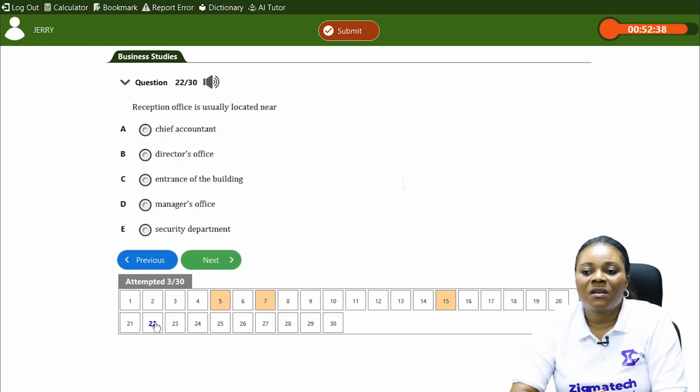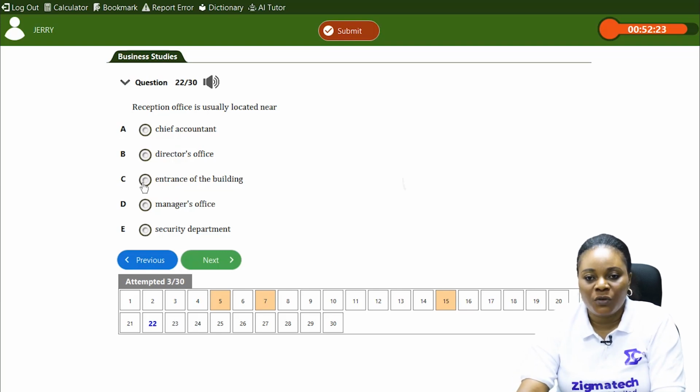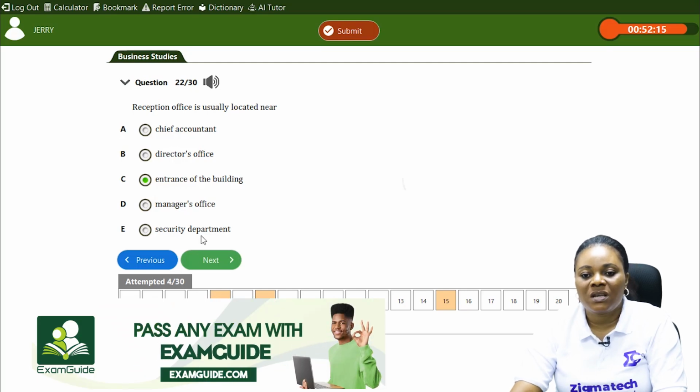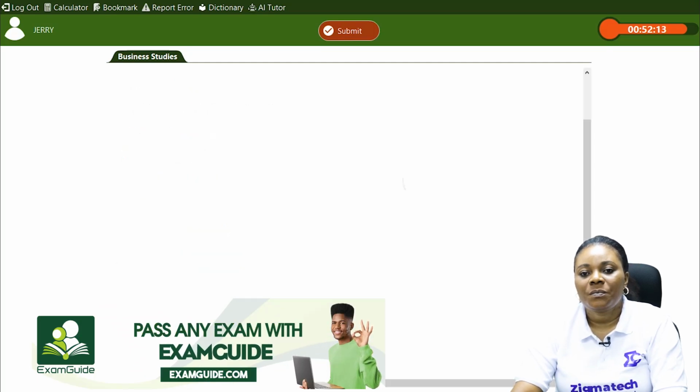We said the reception office is the first office that a visitor enters to be received and to be attended to. And basically this office is located at the entrance of the building, before any other office, which is option C, the entrance of the building.